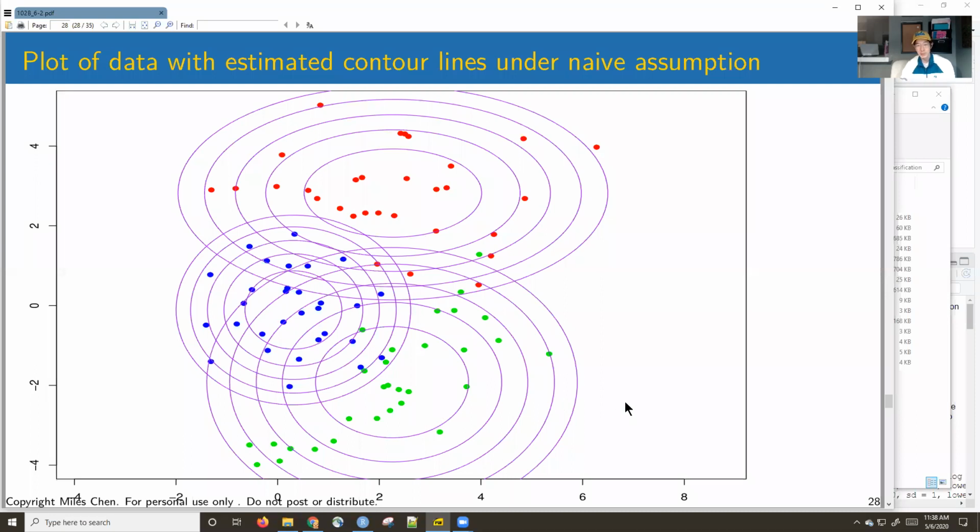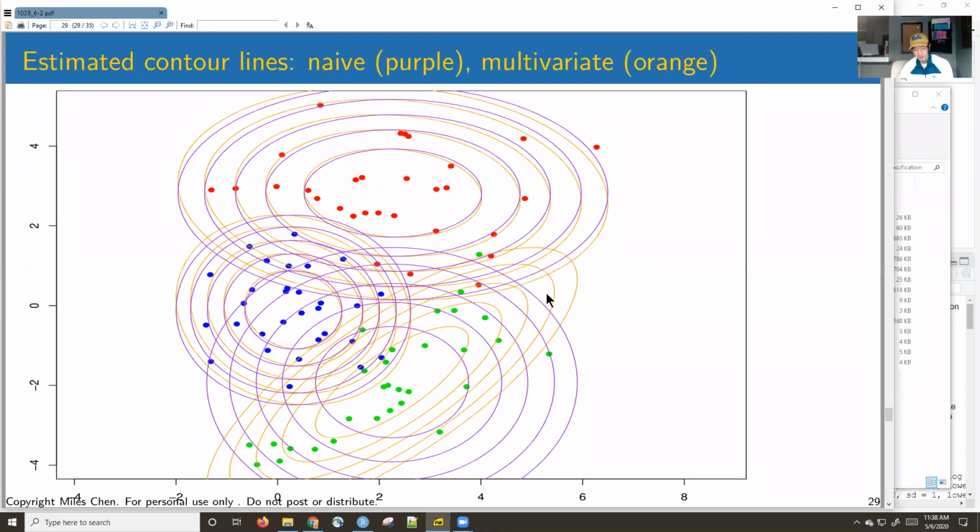Let me compare that to the estimated contour lines. These are estimated from our data, and I'm overlaying the orange lines, which I've also plotted, and those are also estimated from the data.